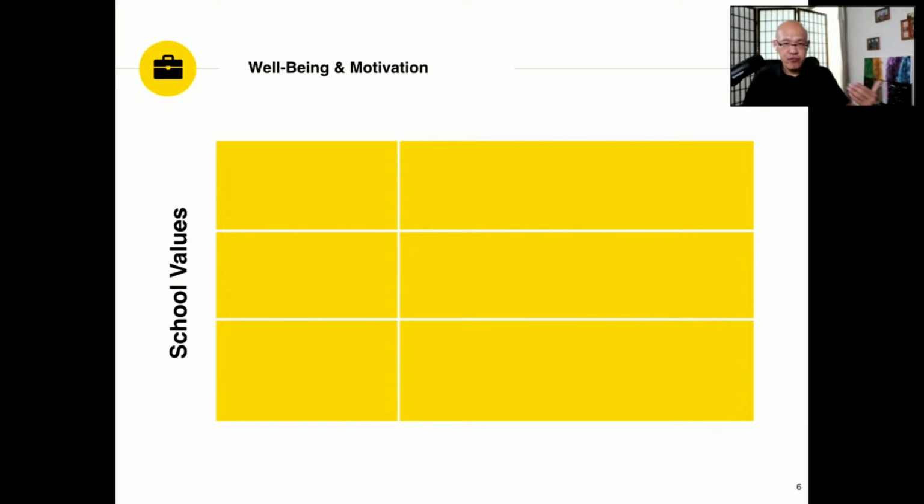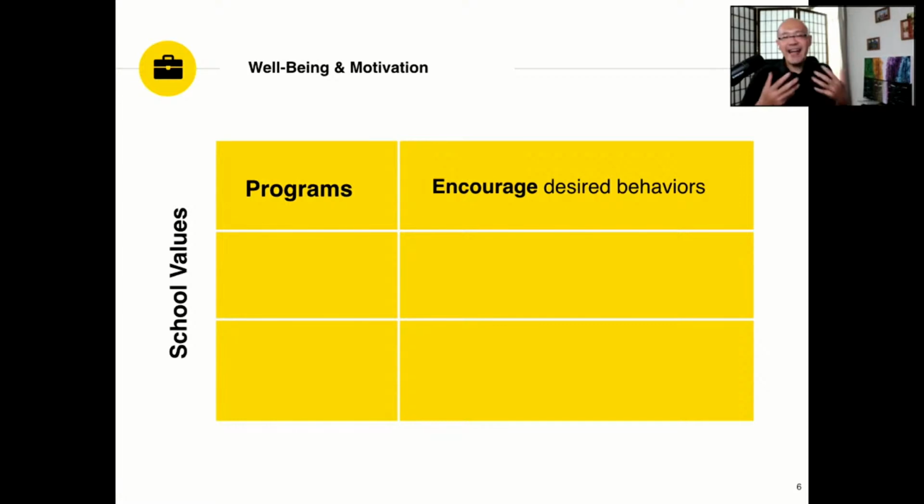So the first prong, essentially, is you want to put in place certain programs. Now the whole idea with these programs is that you want to encourage a certain set of behaviors. So if you recall, back in the 70s and the 80s, Singapore was known as the land of campaigns. Why? Because we had literally campaigns for just about everything, right?